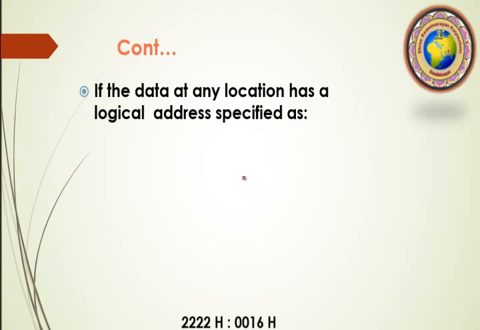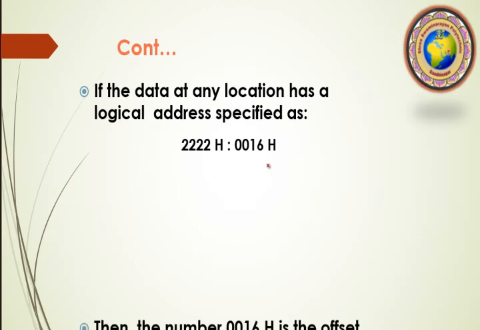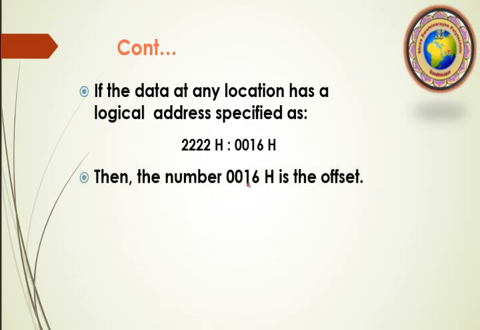If the data at any location has a logical address specified like this, suppose this one, first of all we can understand that this part is the offset, because we know base address and offset.